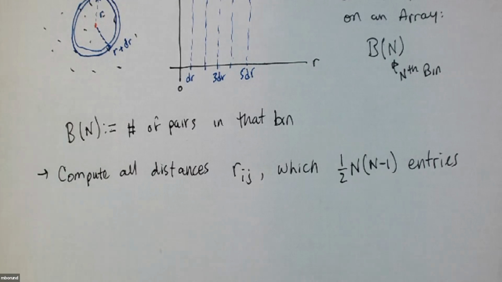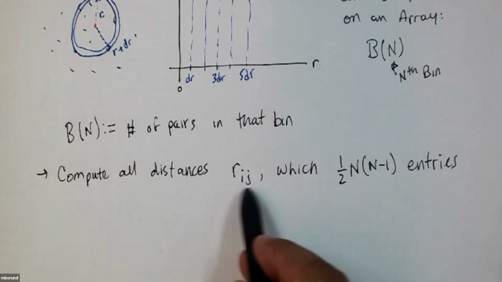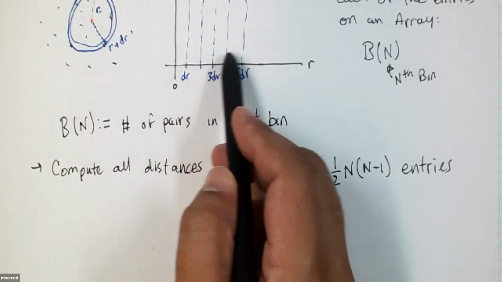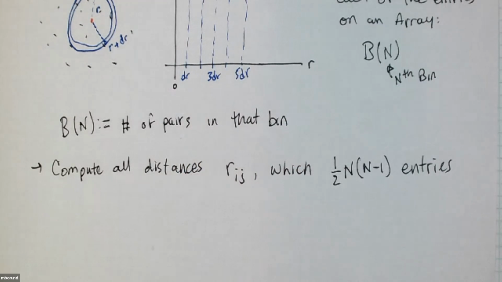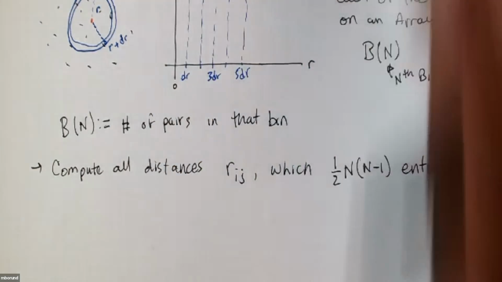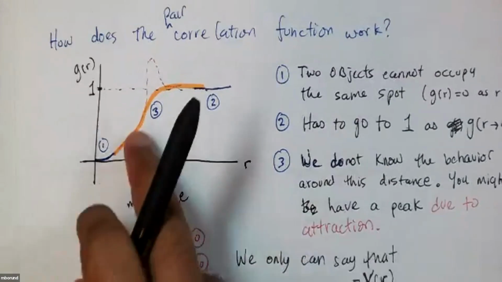So you do this. And then you start looking at how many on this set fit on this bin, then this bin, this bin, this bin, and so forth. And you start building them, adding guys to your bin. And you're basically getting a quantized version of this plot right here.